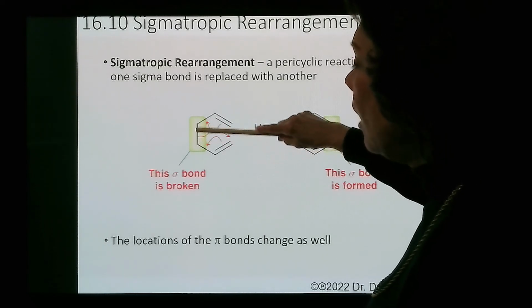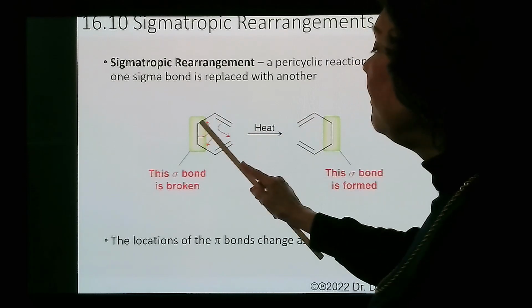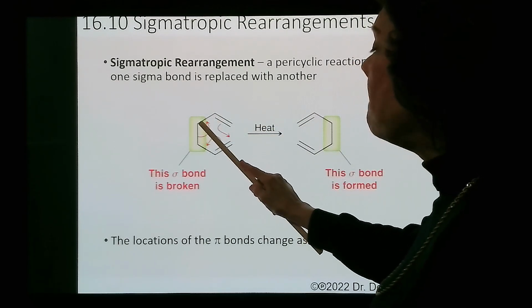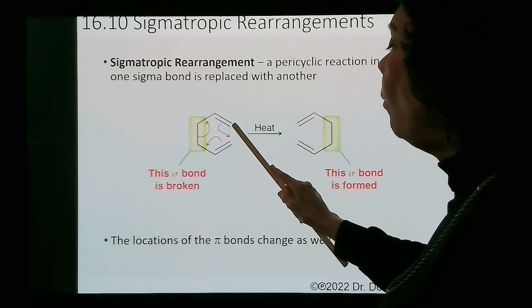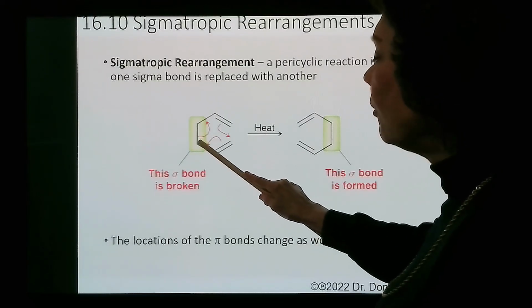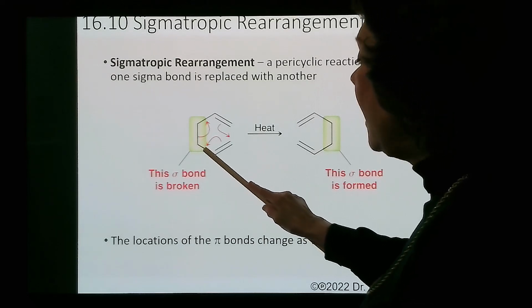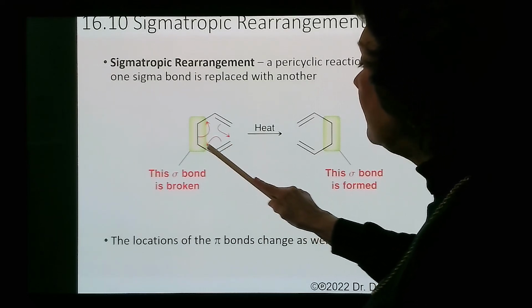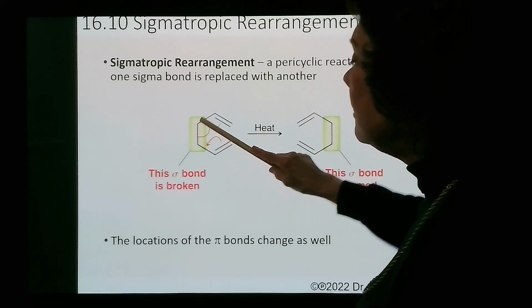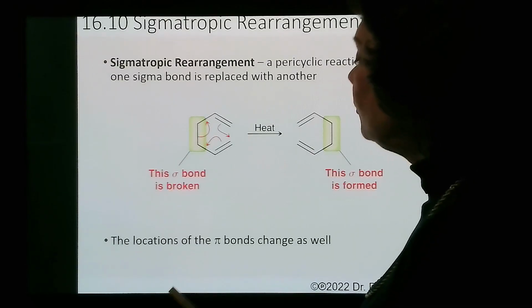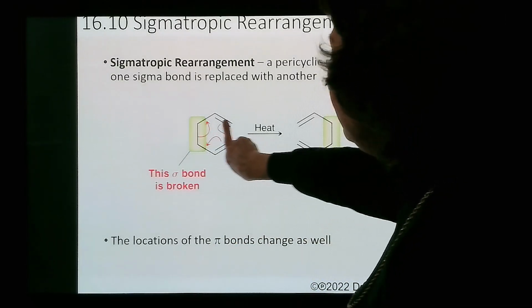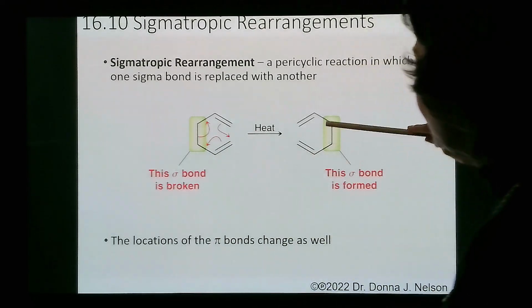We're talking here about a sigma bond where one end of it migrates down 1 pi system and the other end of the sigma bond migrates down a different pi system. So this sigma bond is simply moving down the 2 pi systems.